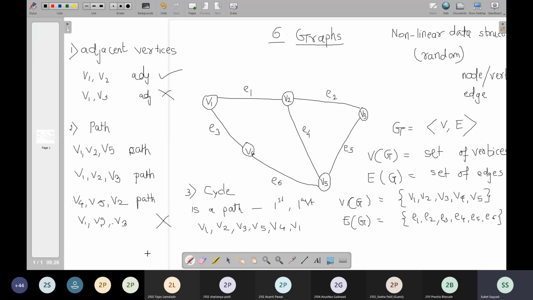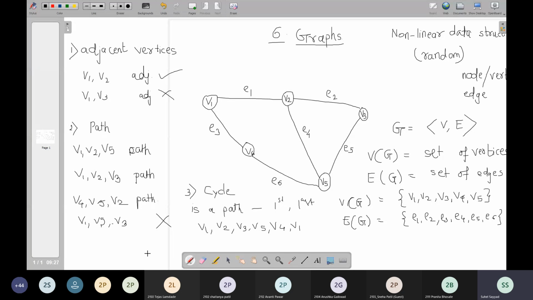So this is a valid path. In this path, the first and last vertex are the same, that is V1, so I can call this particular path a cycle.